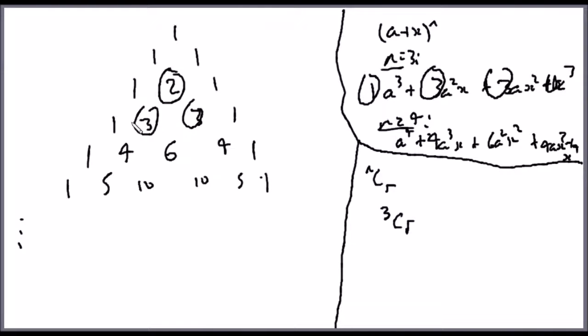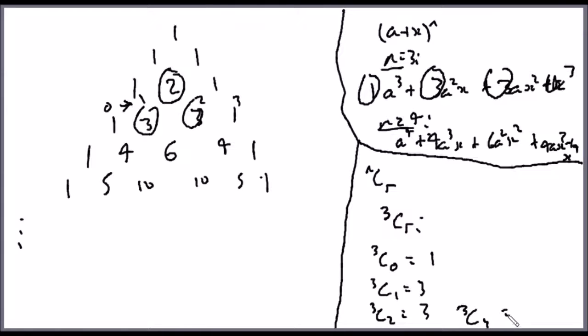It starts at 0, then goes to 1, 2, and then 3, so you can't have a fourth place in there. So 3 choose 0 equals 1, 3 choose 1 equals 3, 3 choose 2 equals 3, and 3 choose 3 equals 1.